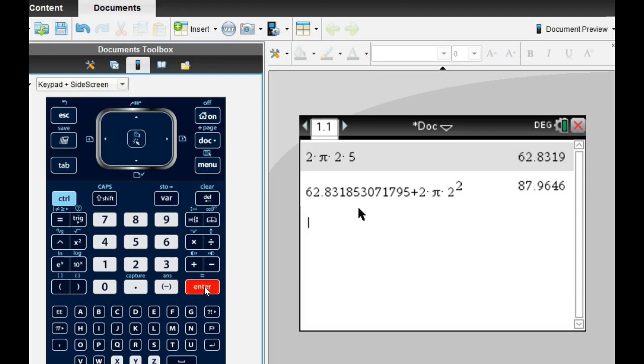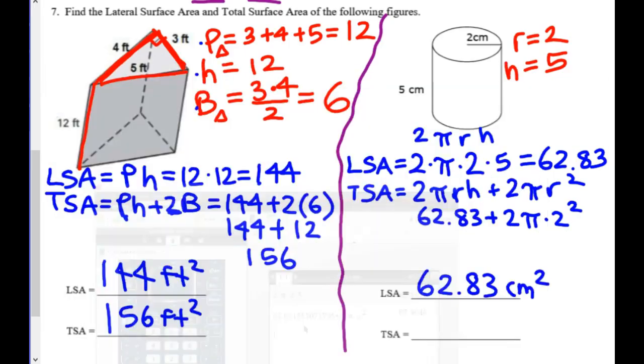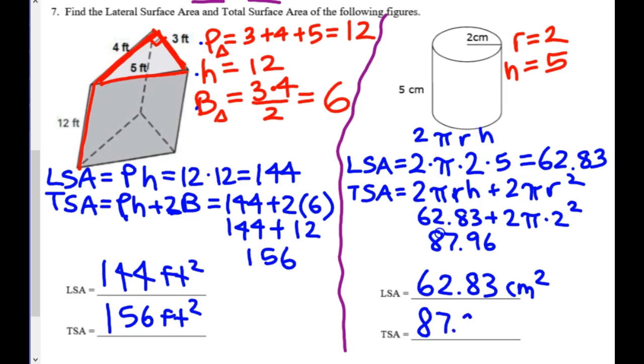I get 87.96. And that will be my total surface area in centimeters squared.